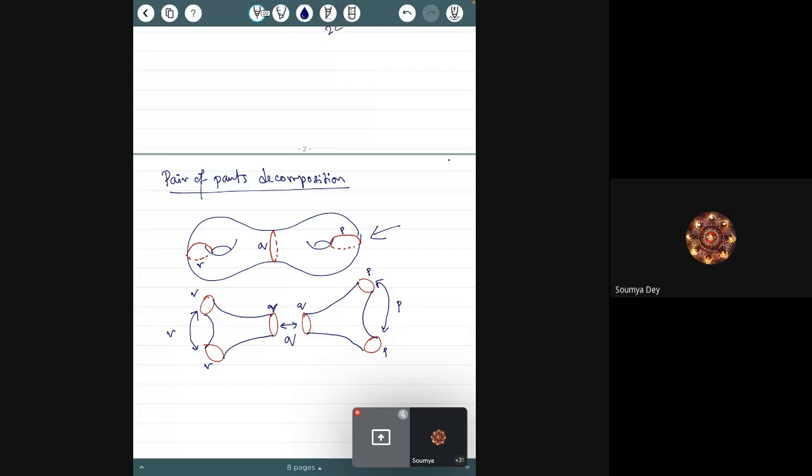So in fact, this is giving us an uncountable family of hyperbolic structures on our surface.